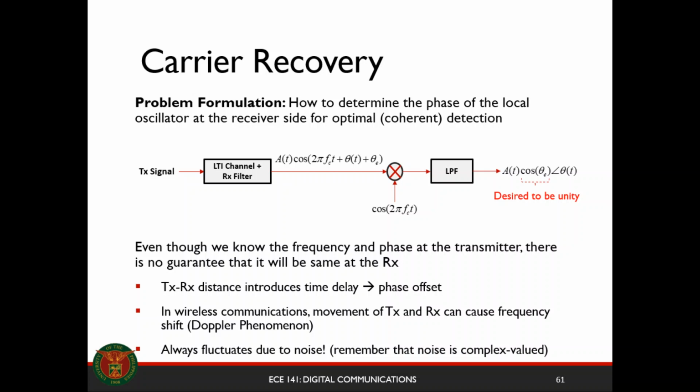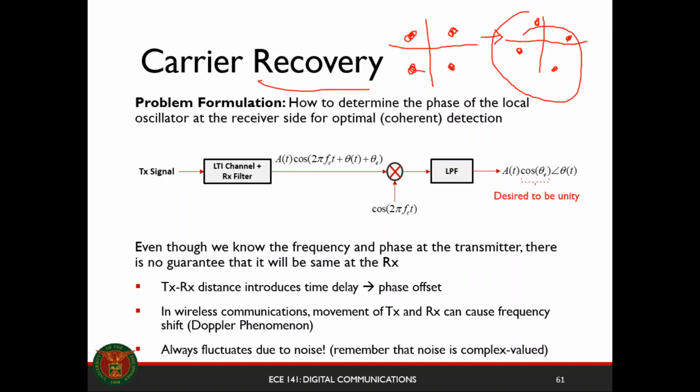If you don't have the same phase, your 4PSK signal will become from this. If we don't have the same phase with the local oscillator at the transmitter, it will have a frequency shift like this. So from here to here, this is what we'll receive. That's why we need to recover the phase of the local oscillator to be able to correct our signal to become like this.